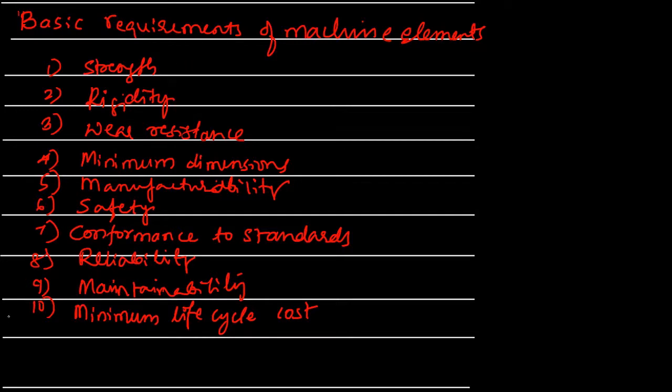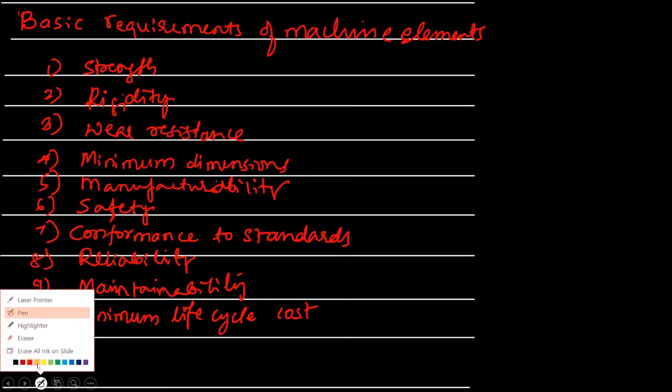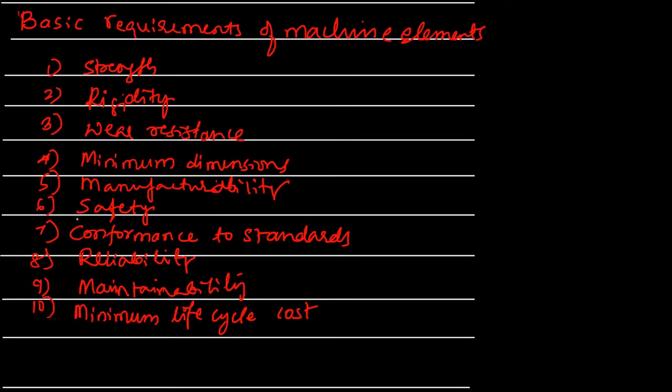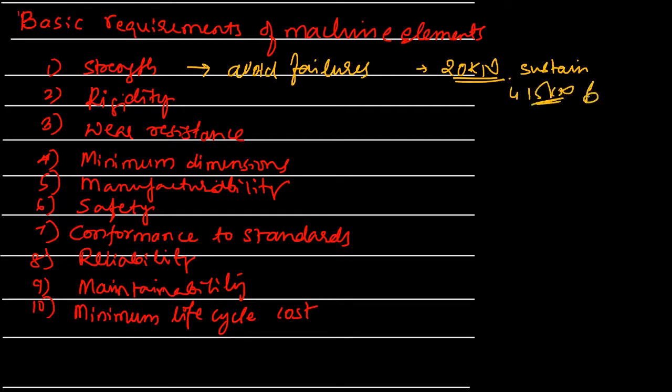Strength is required. Why is strength required? Strength is required to avoid failures. Suppose you are designing an element to carry 20 kilonewton. It should sustain 20 kilonewton. That means if you place a load of 15 kilonewton, it should not break or get damaged.